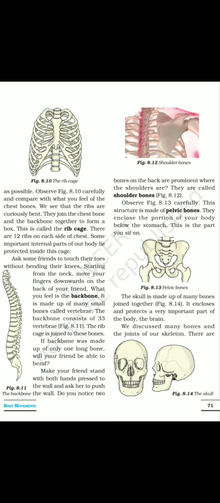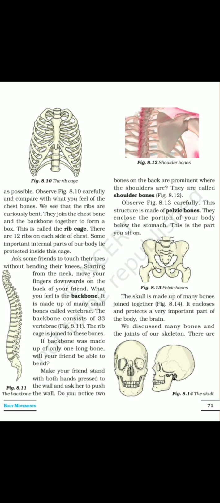We know that there is a long backbone at the back of our body, and there is also a small bone called breastbone. It is present in the chest region, that is front of our body. One end of all the ribs is joined to the backbone. Kindly note my point.